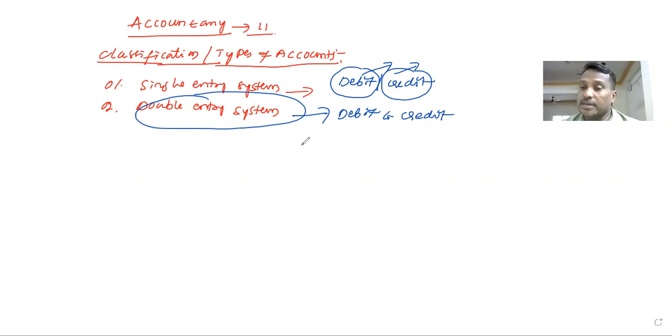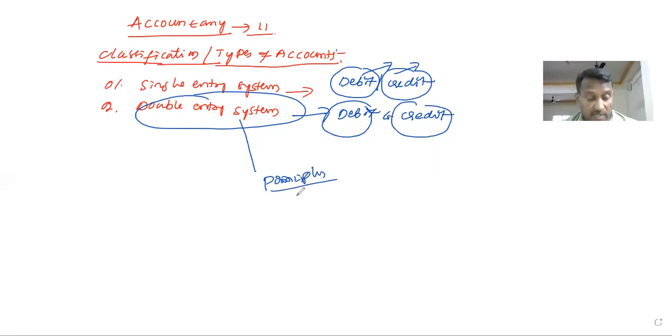Why do we call it complete? Because of recording the debit aspect and the credit aspect. It is also called a scientific system because the double entry system is based on some principles. We are going to discuss these principles in this session.